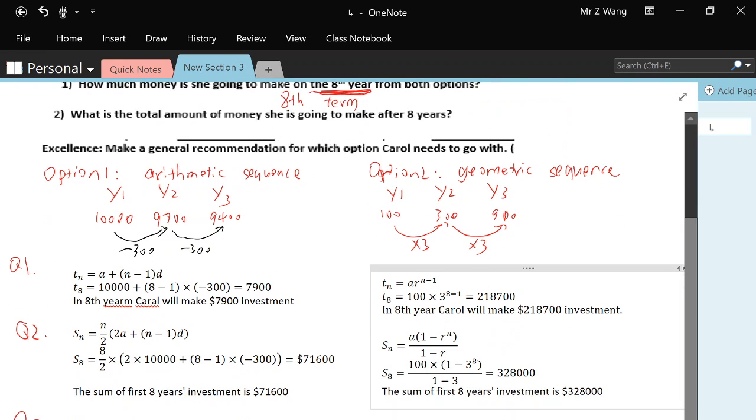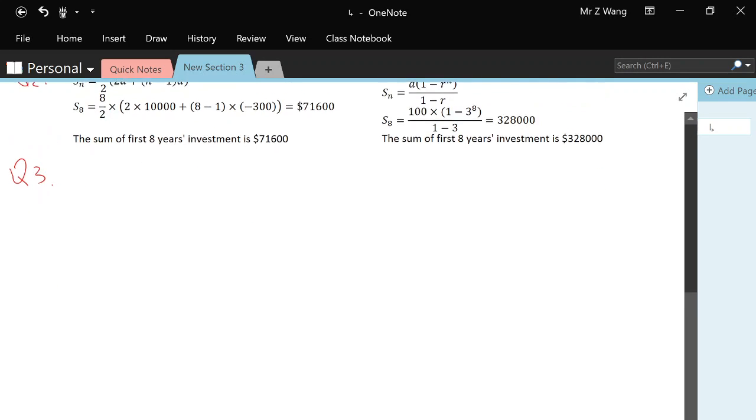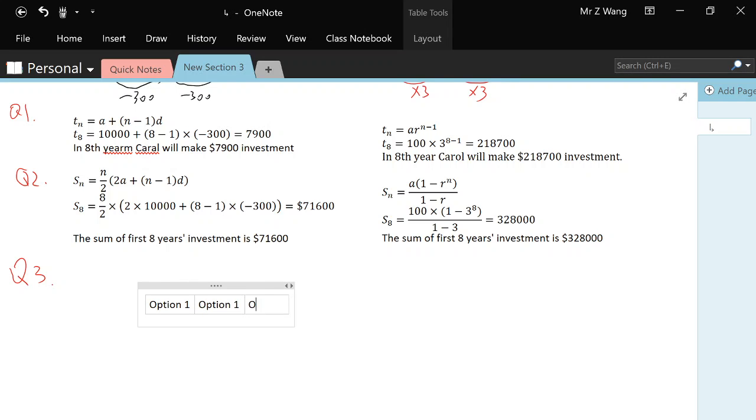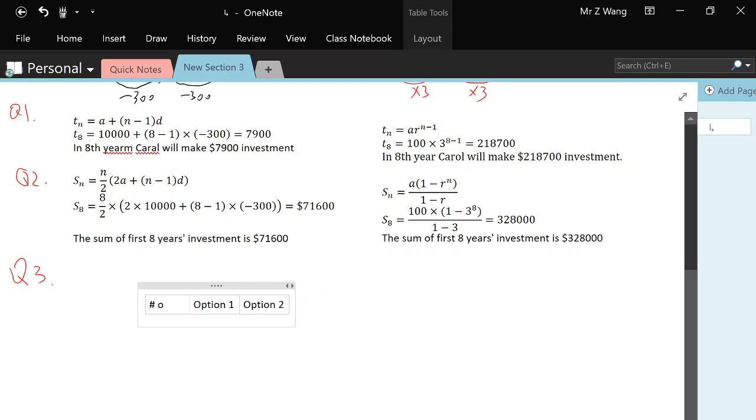You have to make a table on the different sums. So that means the table looks like this. I'll just type it. Option 1, option 2, number of years.